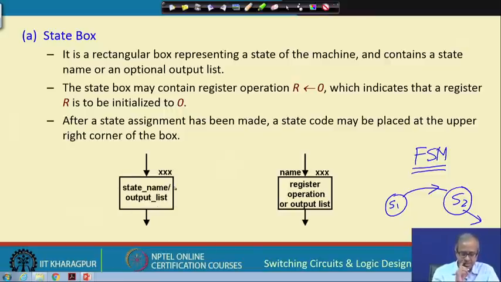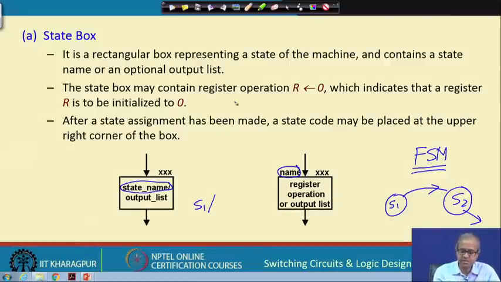Now, in this state box you have a state name, either you show the state name inside with a slash, like you can write S1 slash. In the output, optionally you can mention the output lists, or the name you can also show outside the box on the left. There are several conventions, you can use any one of them.